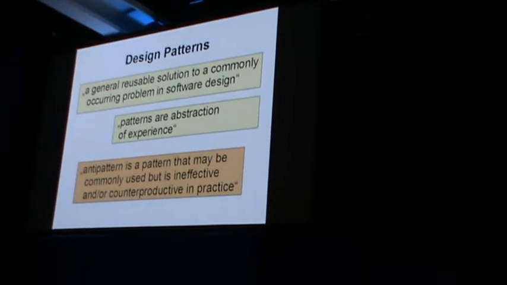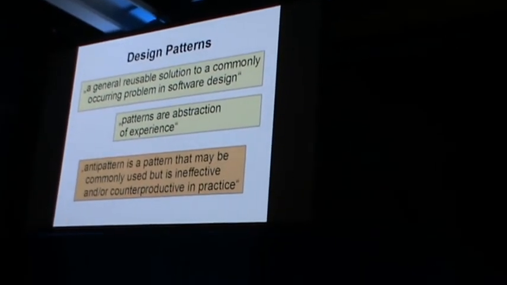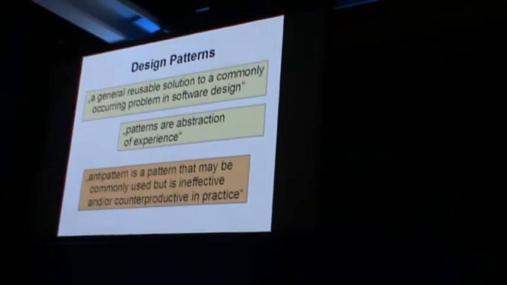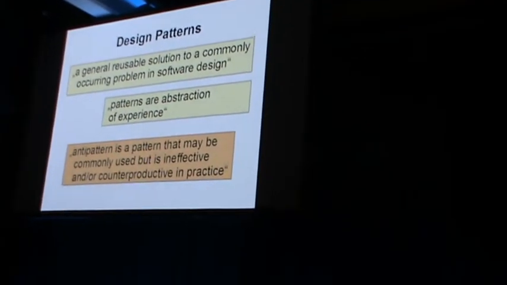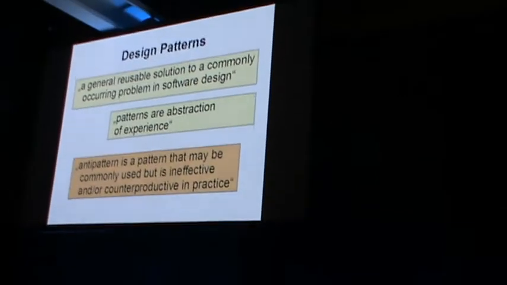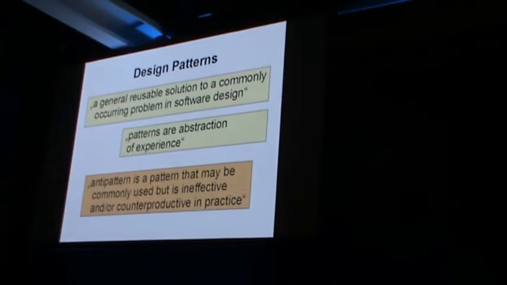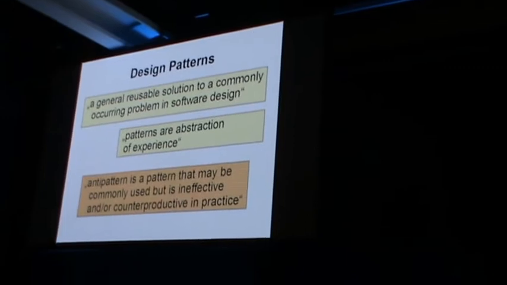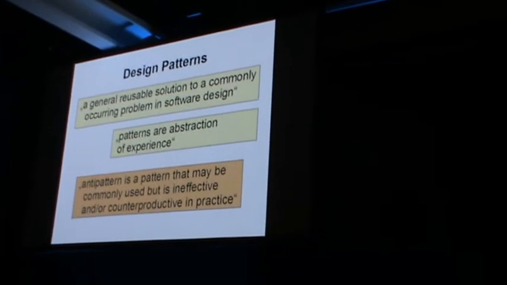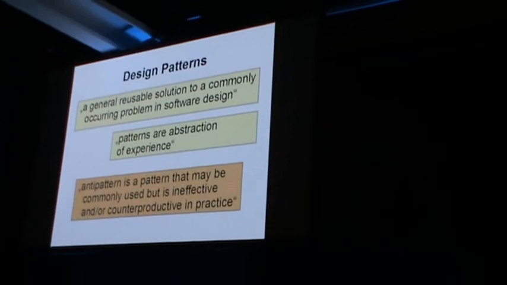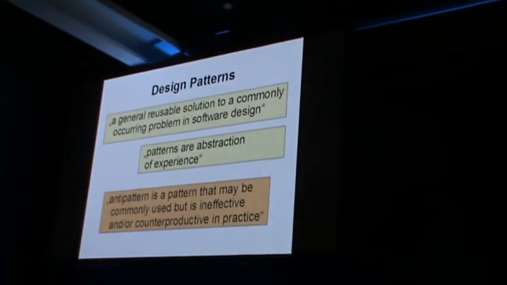And that's not anti-patternism exactly. An anti-pattern is a pattern that may be commonly used, but it is ineffective and counterproductive in practice. It is some kind of a bad practice that people tend to use because at some point in time it is easier to just make something work and deliver the application.